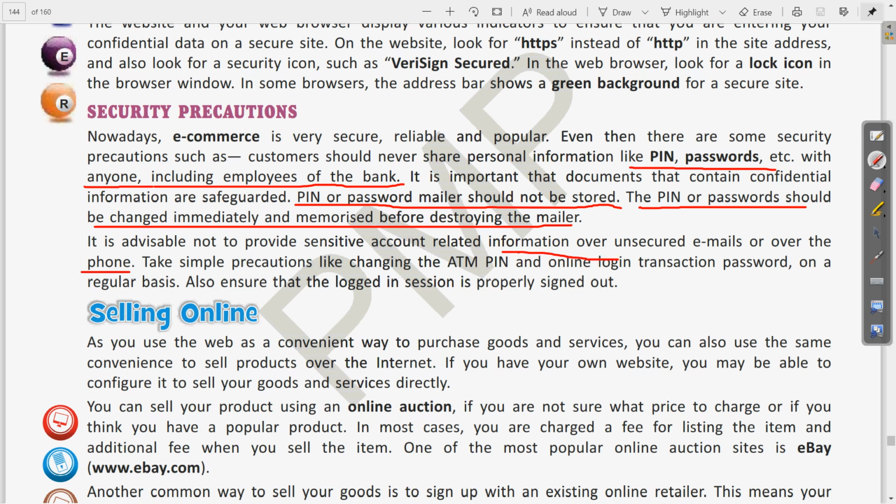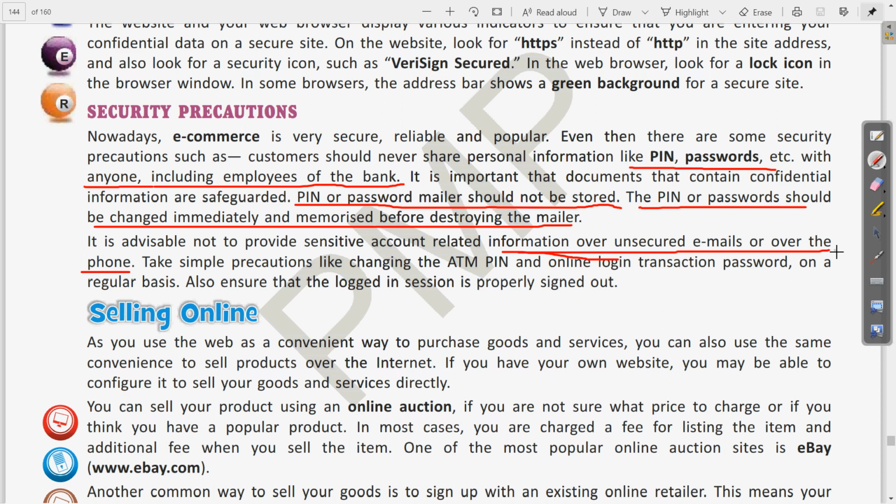We have various examples in day-to-day life when this information is hacked on the basis of those call details or these messages and mails. Clear? So we should never provide this information to anyone over call or messages. Clear?